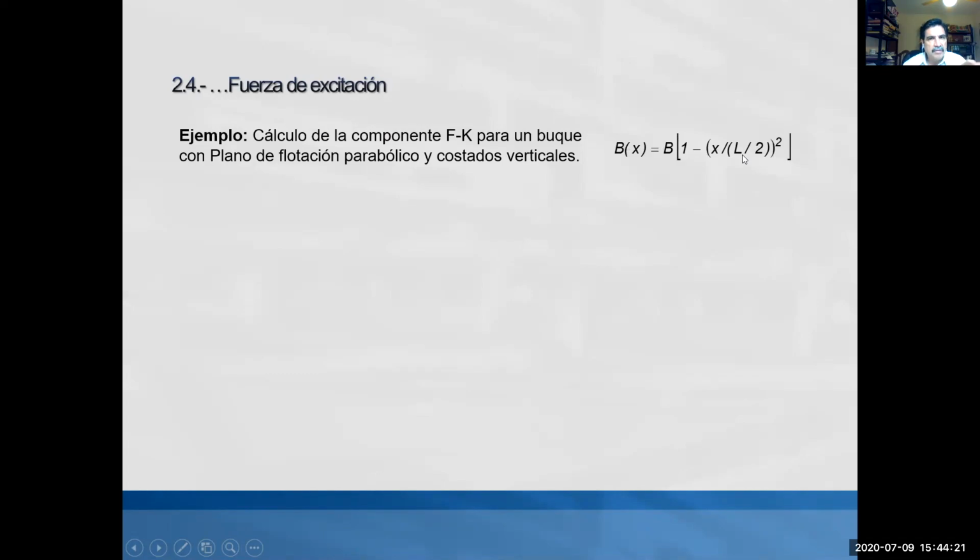So this is very simple. In this case, the sectional coefficient is 1, and V over T changes with the same procedure. So this is the Froude-Krylov expression, and we have to put it in here.